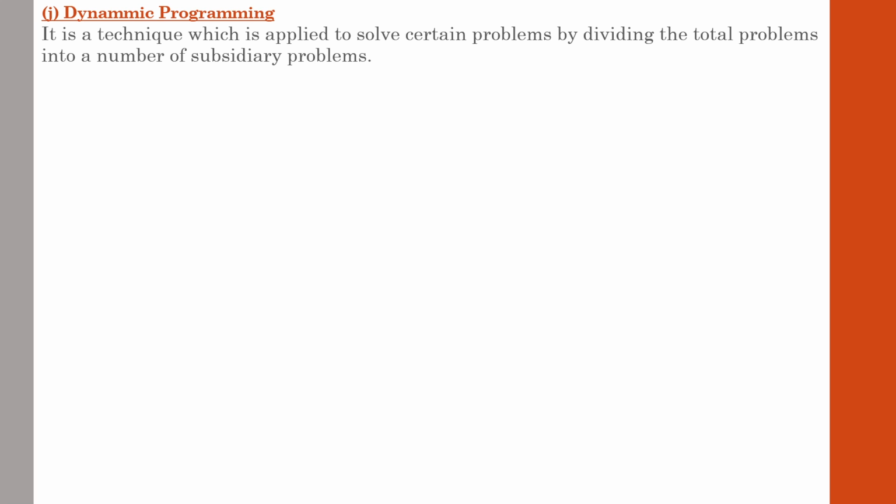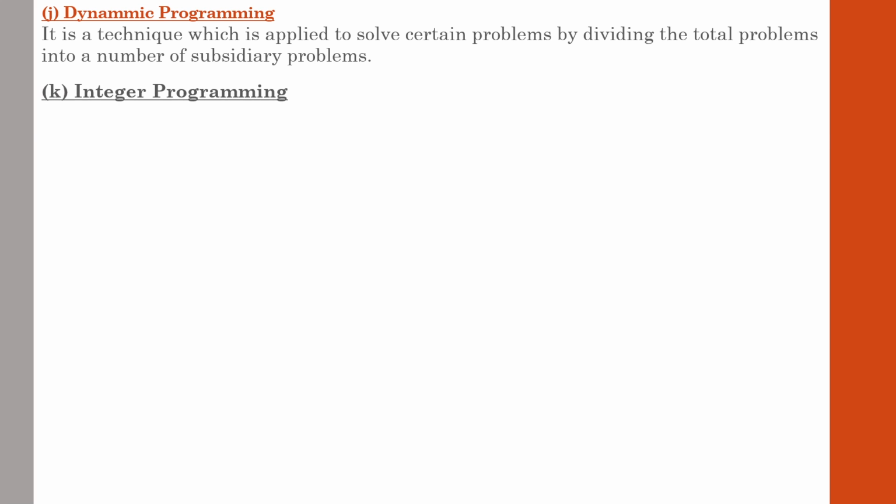So instead of deciding the entire problem as a whole, it is better to divide one problem into a number of subsidiary problems so it can be dealt with accordingly. That is the concept of dynamic programming.